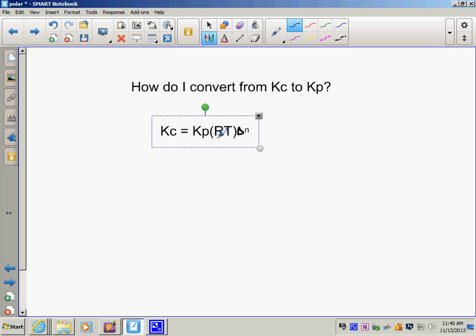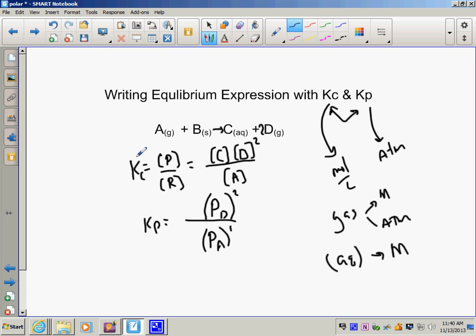Just literally plug numbers in and plug numbers out. I'll walk through it quickly. If I have an equation that I'm measuring in Kc, and I calculate this value, how can I get Kp? It doesn't have a lot of practical uses. It's literally just converting from one form of measurement to another.